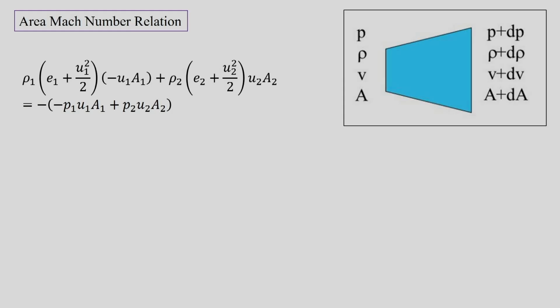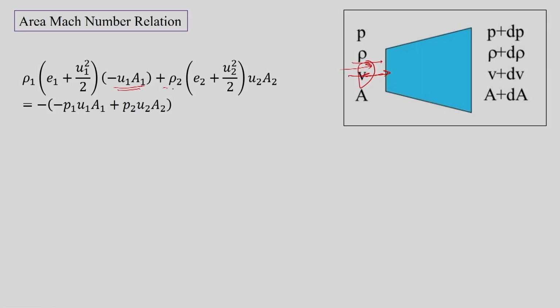Here let us consider a similar expression where we consider the energy flux at the inlet plus the energy flux at the outlet equal to the work done, and here we are only considering pressure forces. So rho 1 into (e1 plus u1 square by 2) into (minus u1 A1) is for the inlet of this domain, where the minus sign tells that the velocity vector and the area vector at the inlet are opposite to each other.